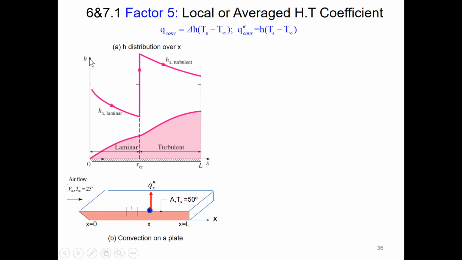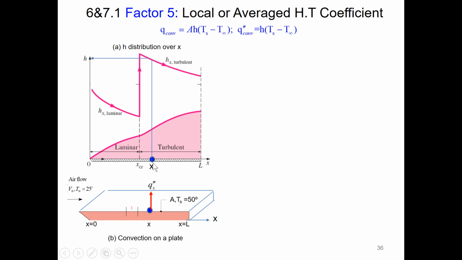For heat transfer coefficient H, it starts with some value, then decreases, then jumps, then decreases again. Apparently, heat transfer coefficient is changing over the lengths along the flow direction.